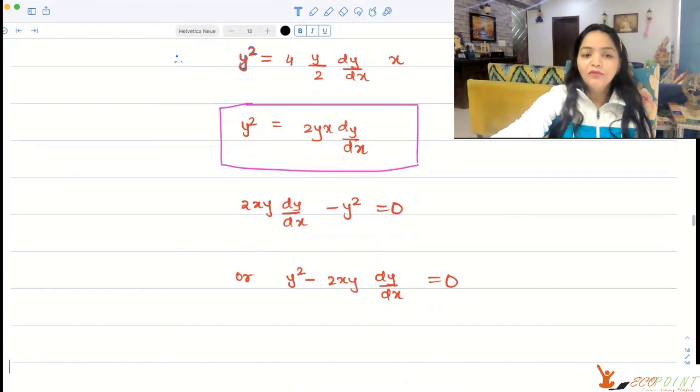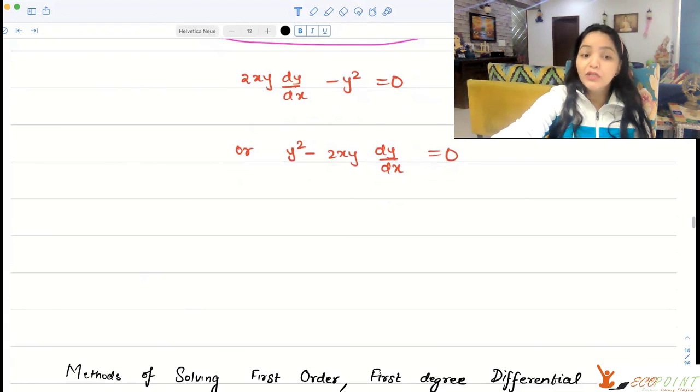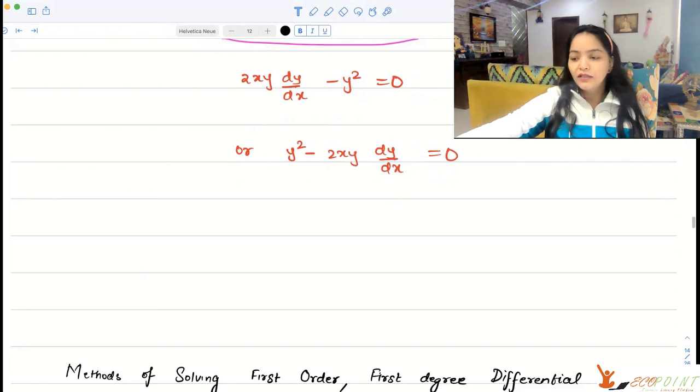This is how you form differential equations for a particular family of curves. So this is how you can find it. Next, we'll be talking about methods of solving first order, first degree differential equations.